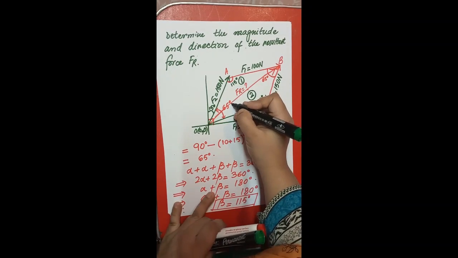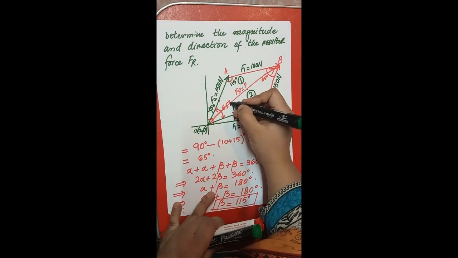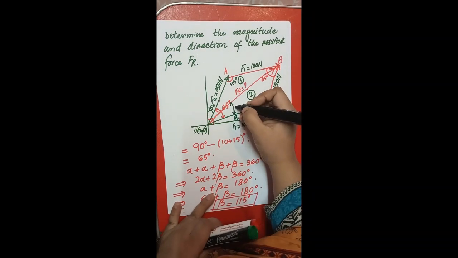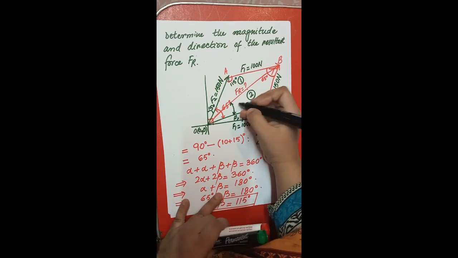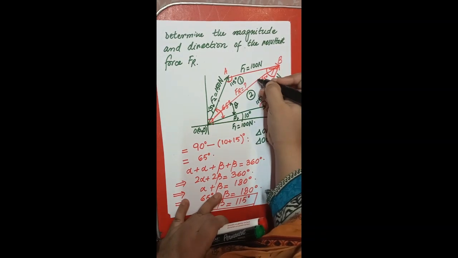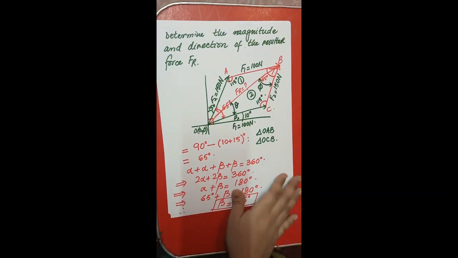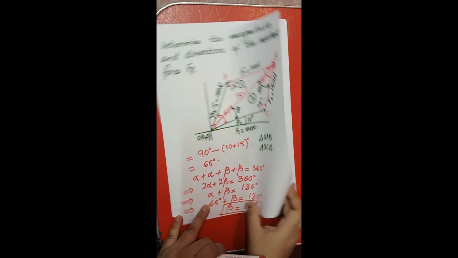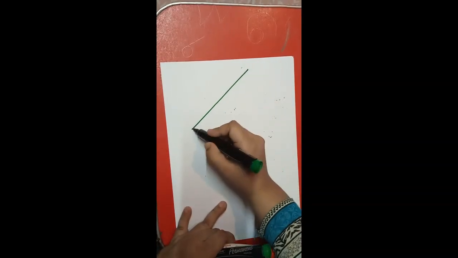I don't know this angle, the angle between F1 and FR, so for example I should take it as theta, and this angle should be phi. Now I am going to take triangle number 2 and separate it out from the parallelogram. For example, I have this triangle.